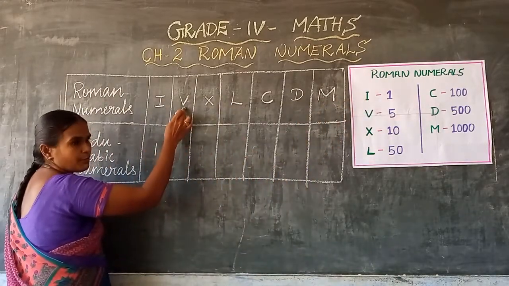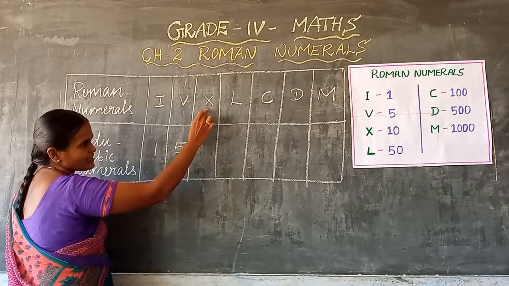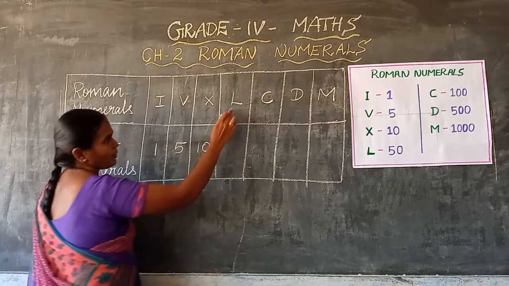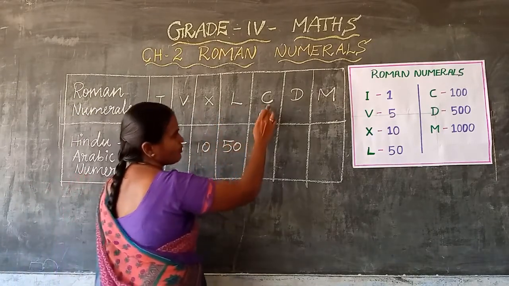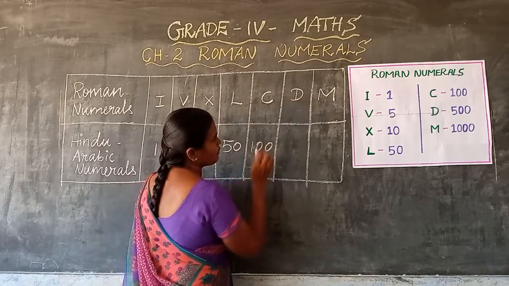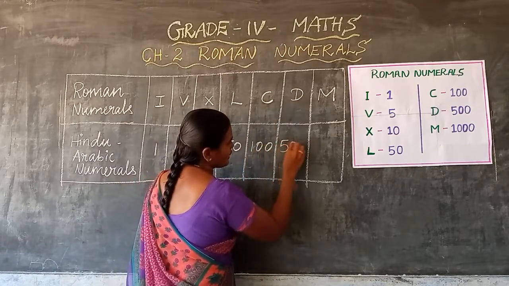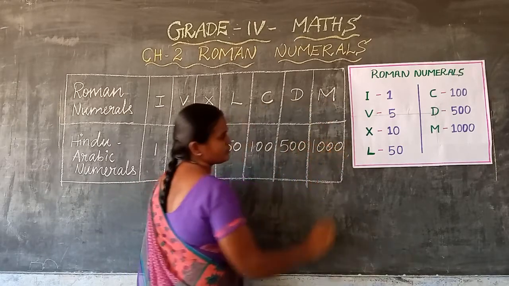Value of V, 5. Value of X, 10. Value of L, 50. Value of C, 100. Value of D, 500. Value of M, 1000.